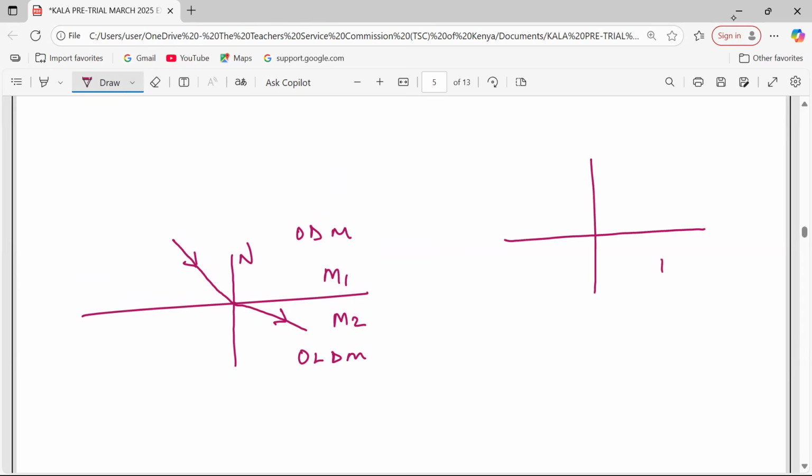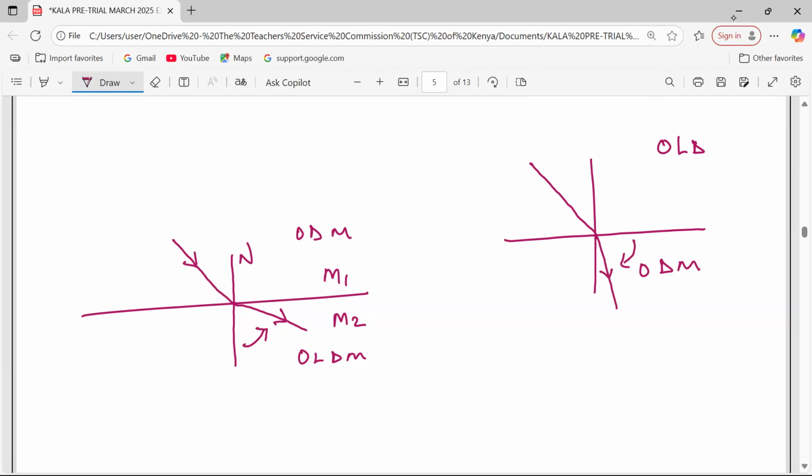If we are moving to an optically denser medium from an optically less dense medium, once a ray of light strikes the interface, it gets refracted towards the normal. So in this case, it's towards the normal.